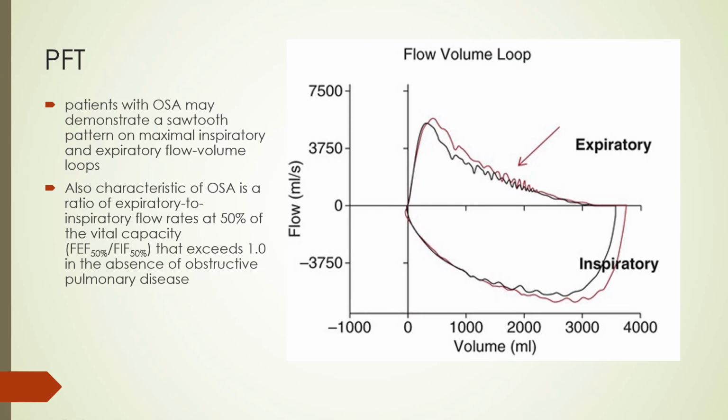So remember when I was talking about a PFT and we could do a flow volume loop to look at this? Patients with obstructive apnea may show that sawtooth pattern. You see how squiggly those lines are there, right? You see that little arrow pointing to that squiggle? Right, so that's something where you're looking at how much gas is flowing through there and how variable that flow is.